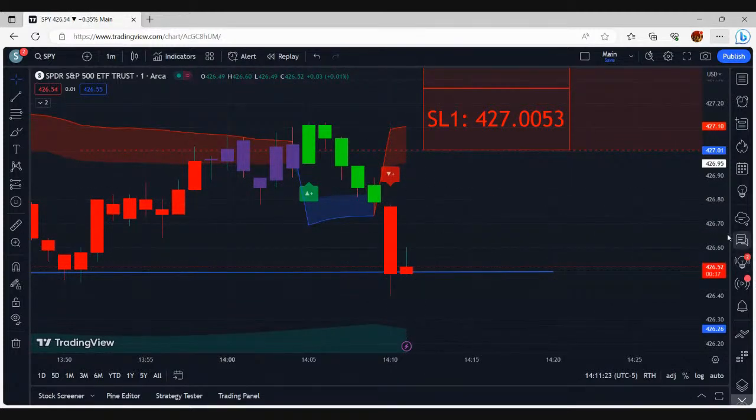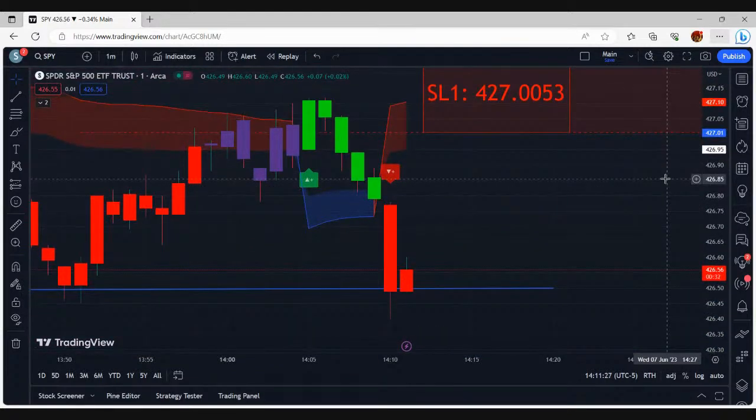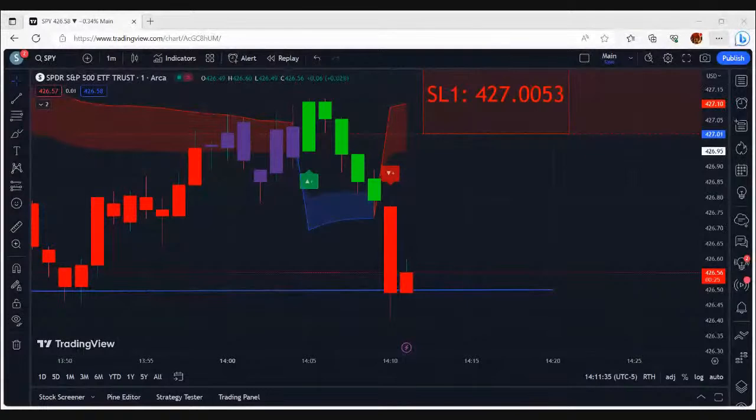I'm reluctant to jump in this short now as well, even though it's actually just getting whipsawed all over the place. And so, yeah, I'm using the autopilot on short term.